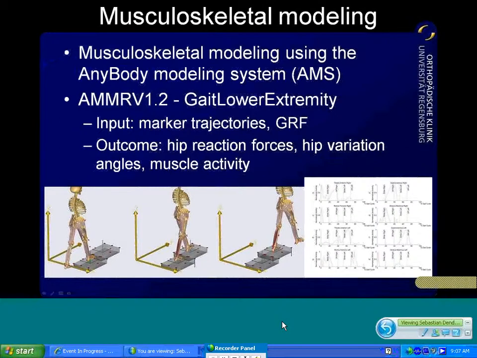Down here on this picture, you can see the same patient as we have seen before, with the heel strike of the right foot, the heel off of the right foot, and the heel strike of the left foot. Here, in this small diagram, you can see the muscle activity in red divided into heel strike to off and off to strike of the right and left leg.